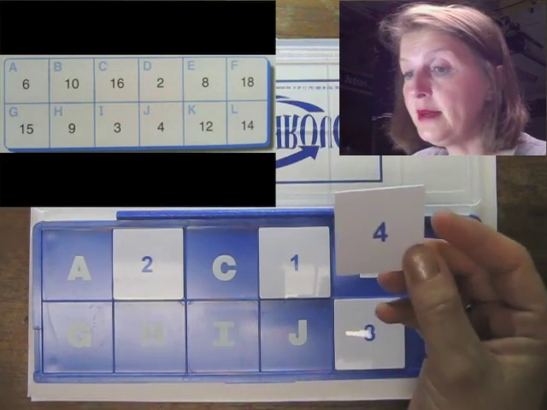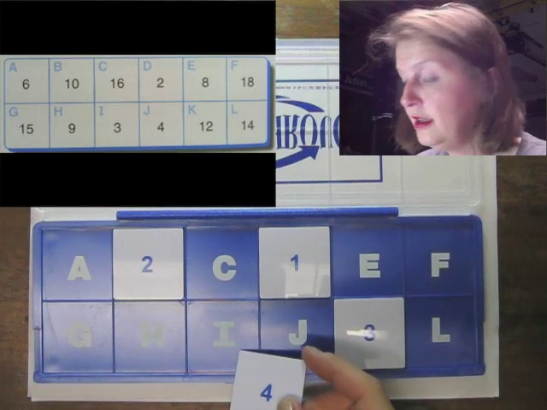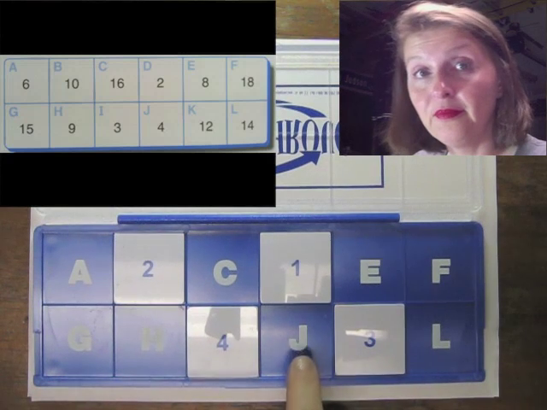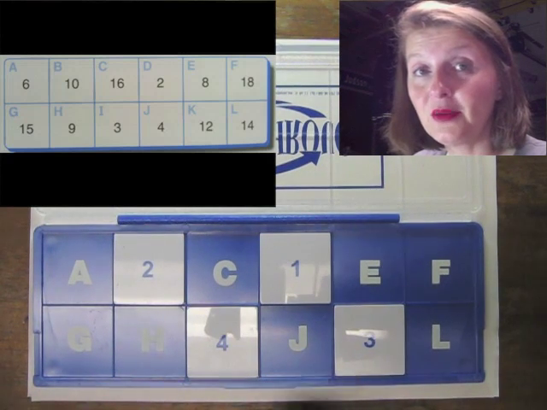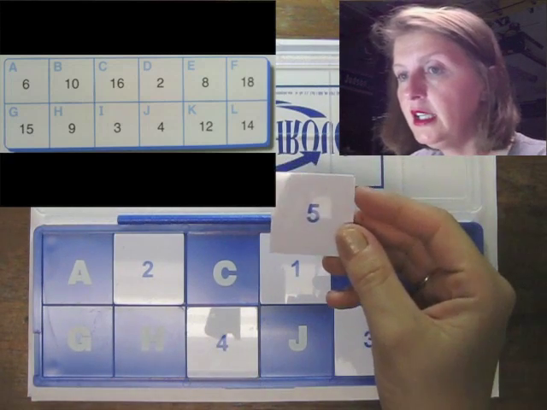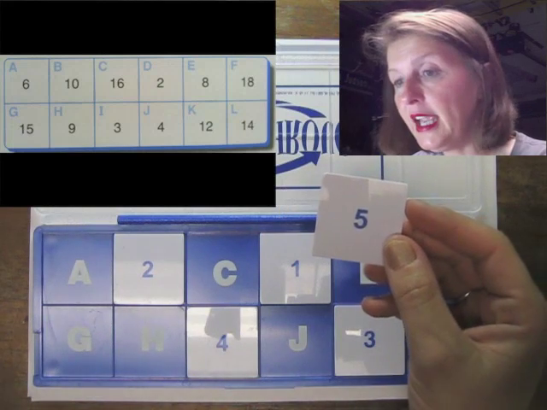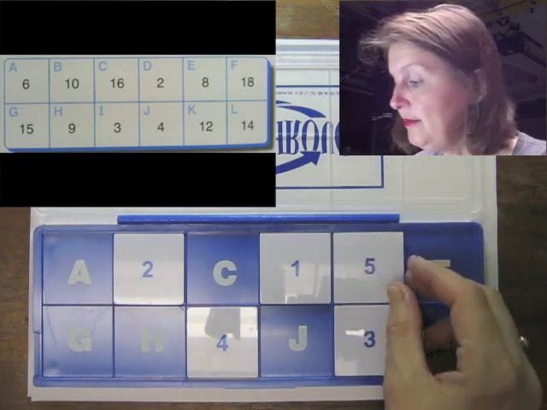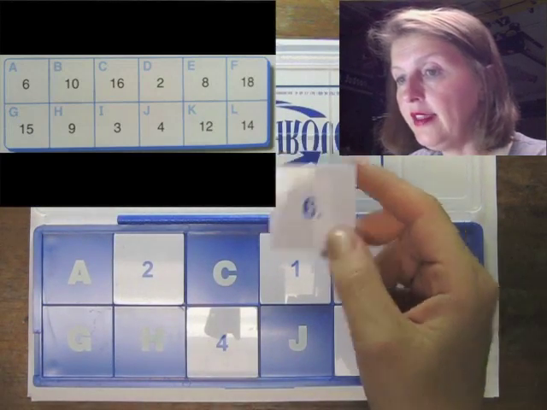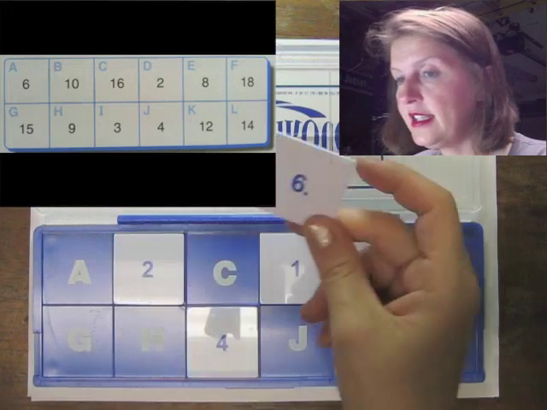Number 4, 3 times 1 is 3, so it goes here. Notice the temptation to put it in J, because that's where the number 4 is. Thinking it through. Number 5, 4 times 2 is 8. 8 is letter E. Number 6, again, there's a 6 corresponding to A. That's the temptation.